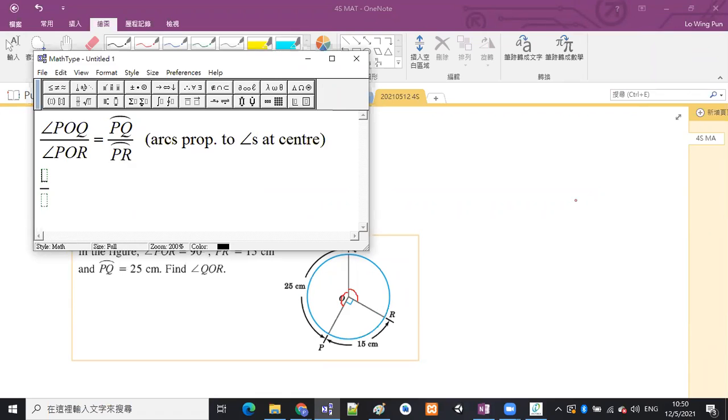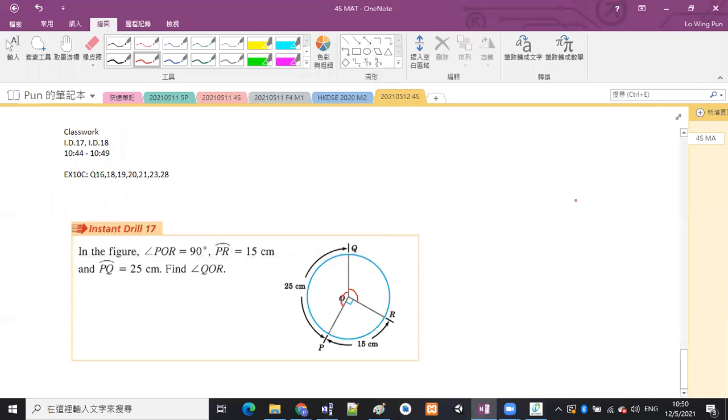We want to find angle POQ, and POR is 90 degrees. Arc PQ is 25 cm, arc PR is 15 cm. So we just multiply the 90 degrees to the right-hand side, and we can find that angle POQ should be equal to 150 degrees. Okay, but that is not the answer because the question asks us to find angle QOR.